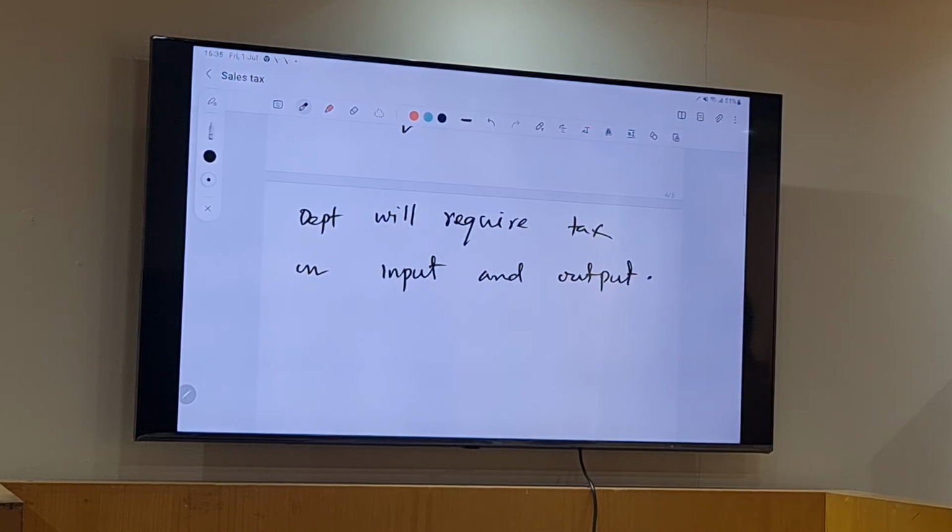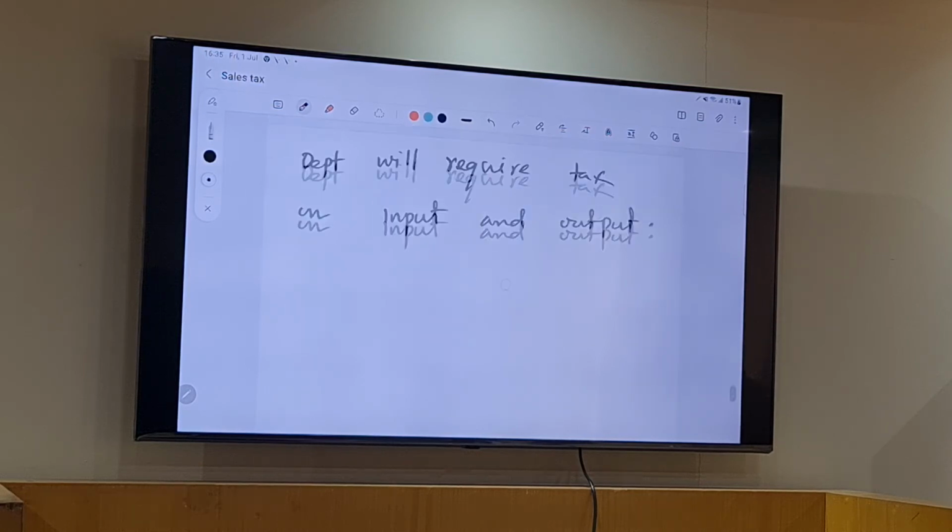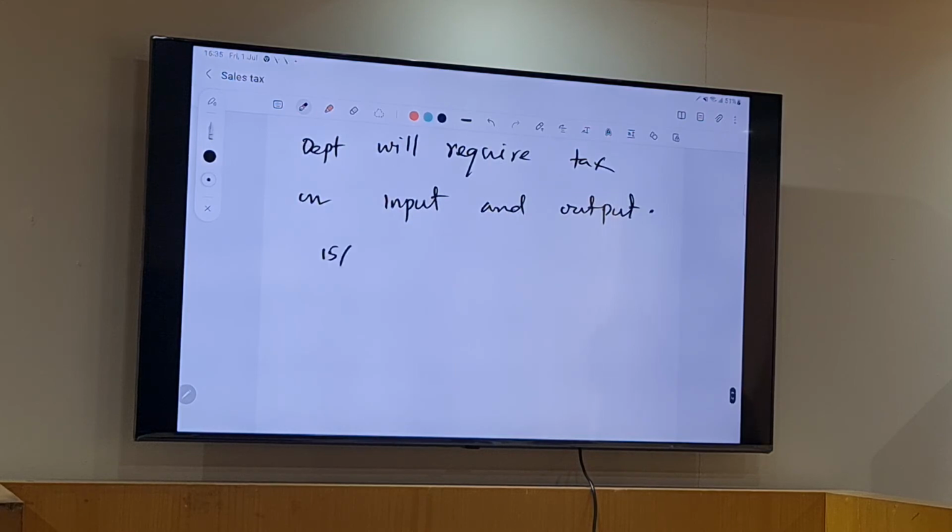So if I am the bakery man, I have to pay tax on my input, and then I have to collect tax on my output. Clear? So let's say 15% is the sales tax. So the bakery man, how much should he pay as input tax?